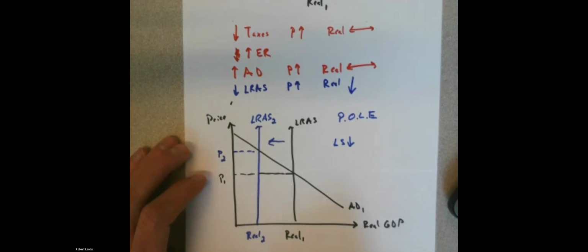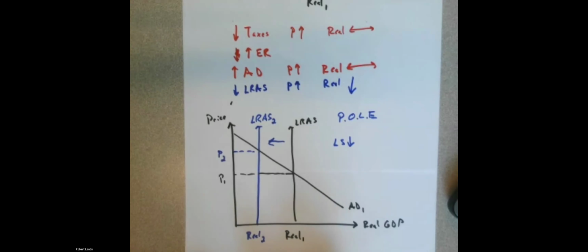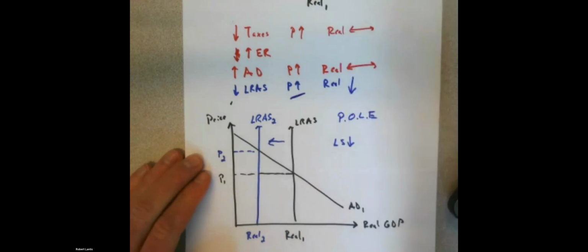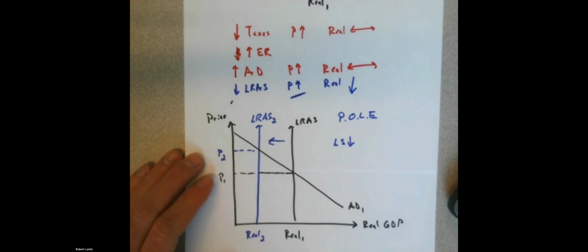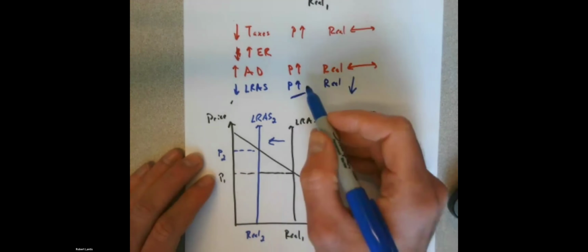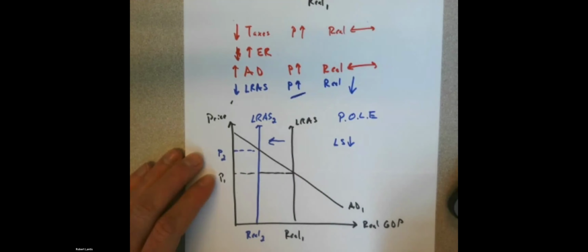So with certainty, we can say that real GDP is going to go down, but we can also say that prices, because both changes are pushing price in the same direction, will increase. Once again, we'll look at short run today. It's going to end up being synonymous with short run prices when we just have one shift. Now, real GDP is going to go down.